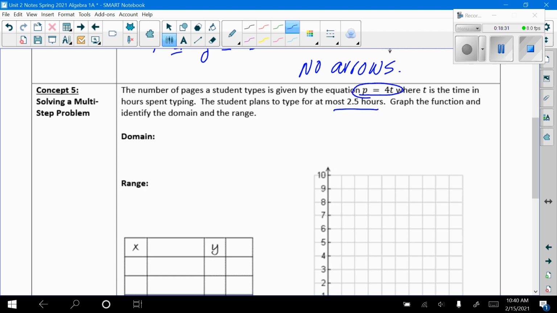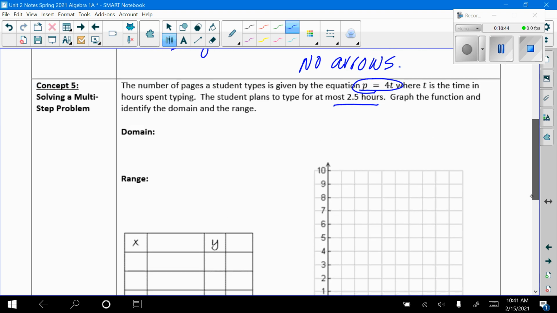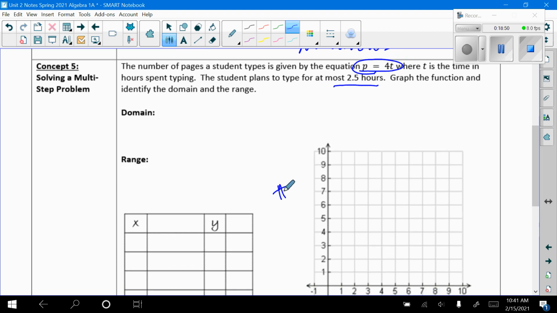So here's my equation. At most 2.5, so 2.5 or less. So my x values, this is time, and this is going to be number of pages, P.